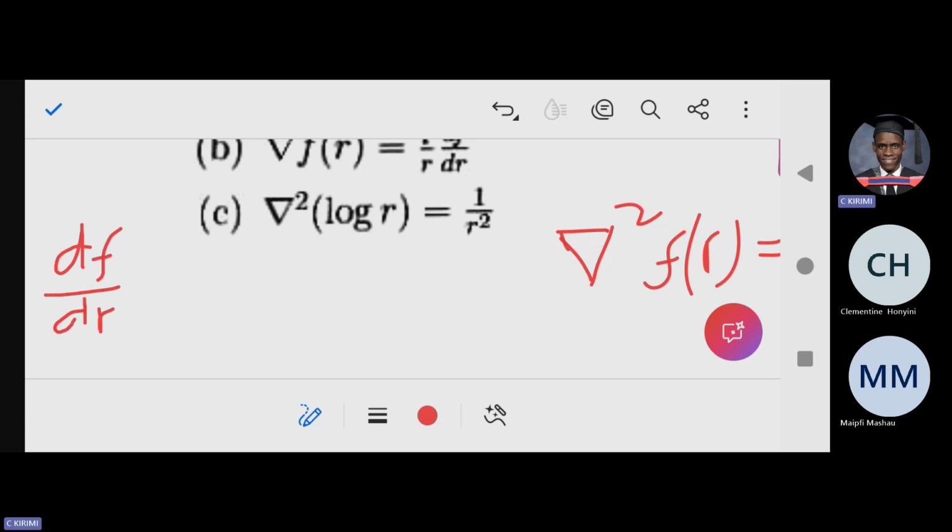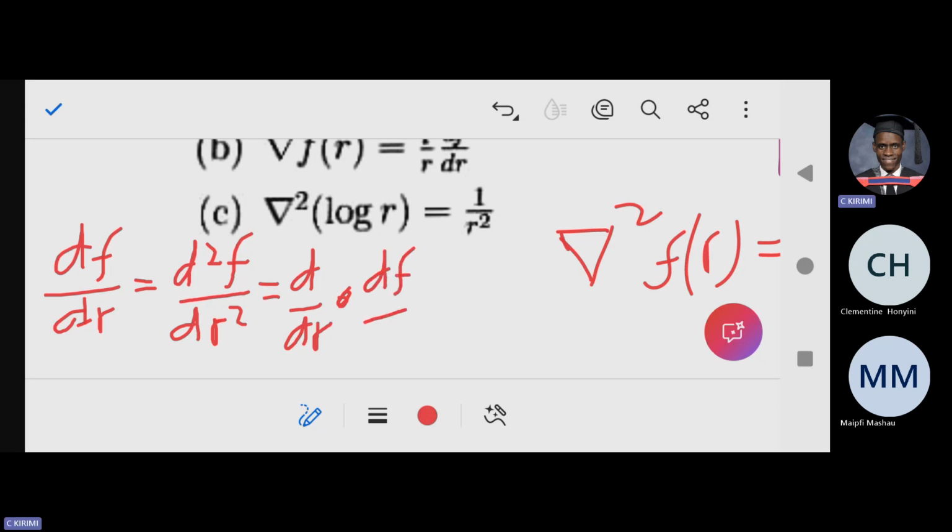When you square it, it's like you are doing the second partial derivative. You are going to get d squared f over dr squared, which is the same as saying d/dr multiplied by df/dr.